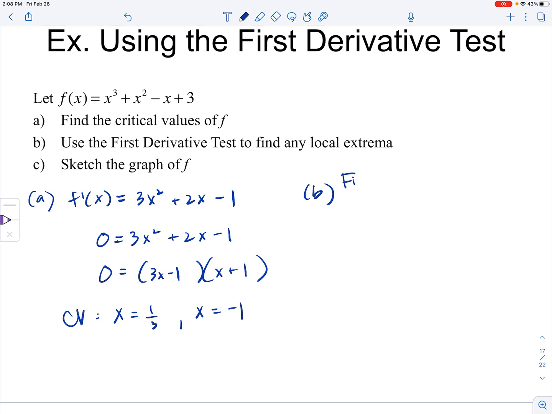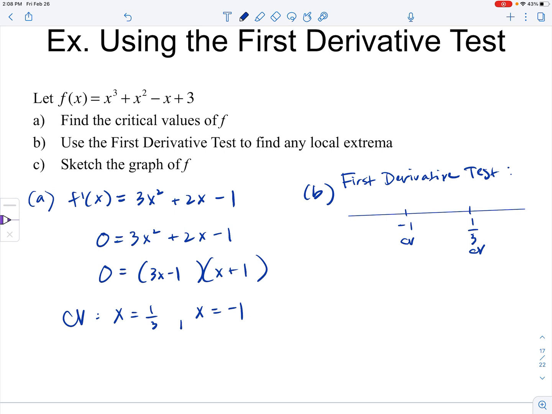So then for part B, to perform our first derivative test, we'll draw the analysis line just like we did before. And we put those values on the analysis line in order.